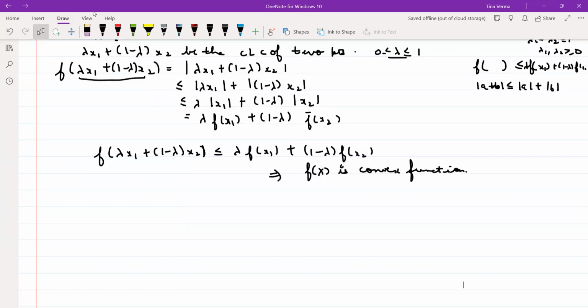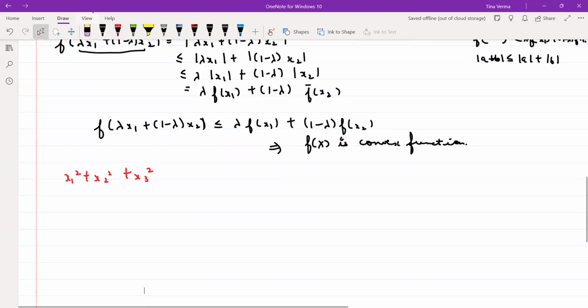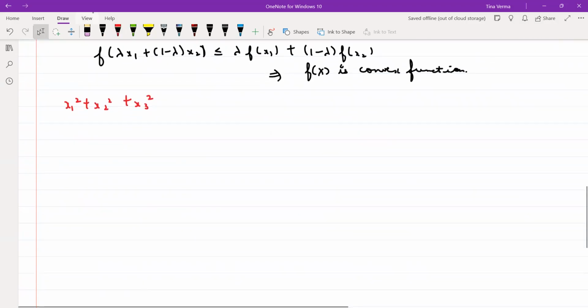Now, we have proved this mathematically, but if the function is complex, say you have to check whether x1 squared plus x2 squared plus x3 squared is convex or not, then proving it mathematically, with square terms and taking lambda common, will be very complex. So how else can you check?